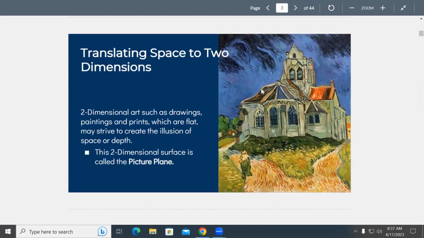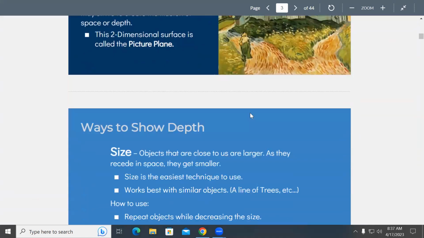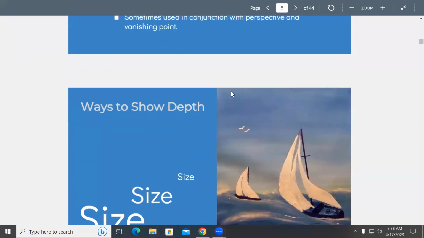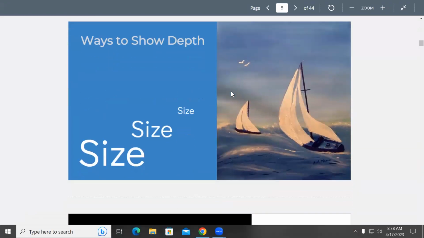But when it comes to creating it on paper, you have to think about the depth. The easiest way to create depth is manipulating size. When you have bigger elements, they feel closer to you, and when you create a smaller size of the same component, it feels farther away from you.